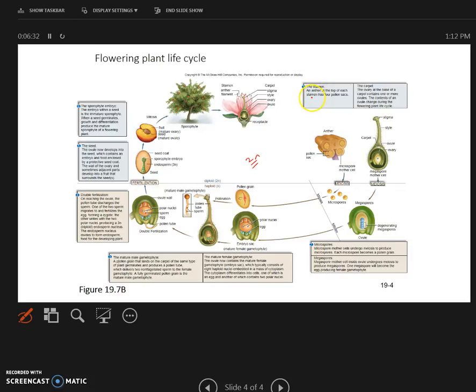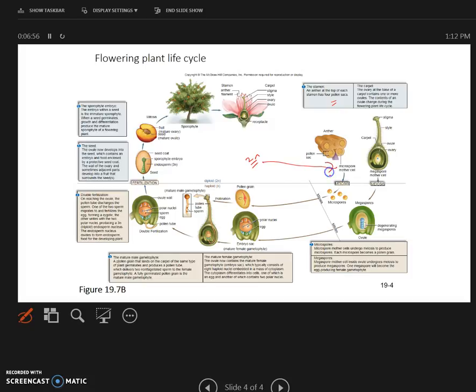Now in the stamen, in the anther of the stamen, you have pollen sacs. And in these pollen sacs, which are just the factories, the pollen sacs are going to produce the spores, but we don't call them spores, we call them pollen grains. So inside the pollen sac are these microspore mother cells, which are still diploid, remember.